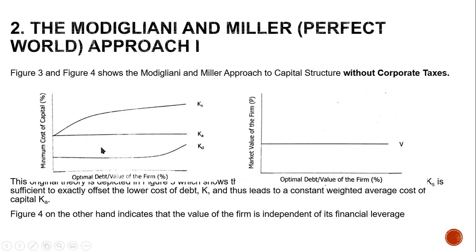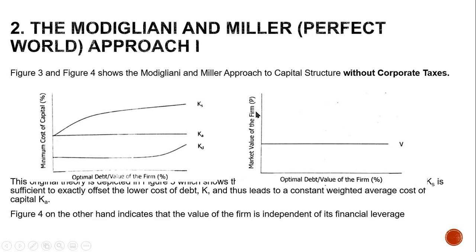Okay, so it shows dito sa ating figure 3 na as the cost of equity increases, there should be an enough amount of debt so that the weighted average cost of capital will just stay the same.